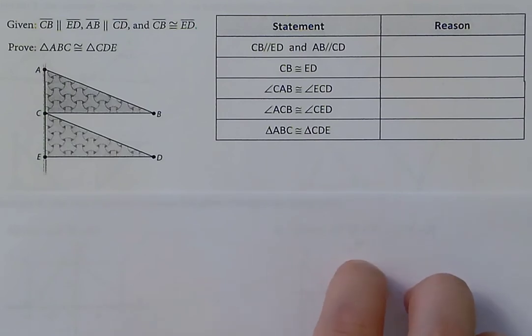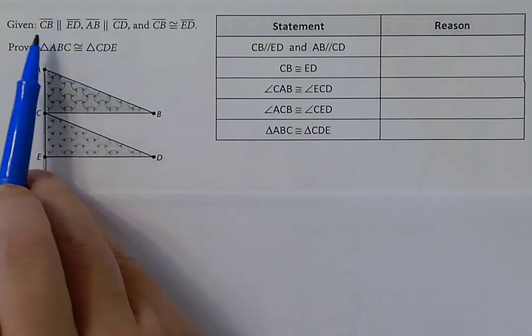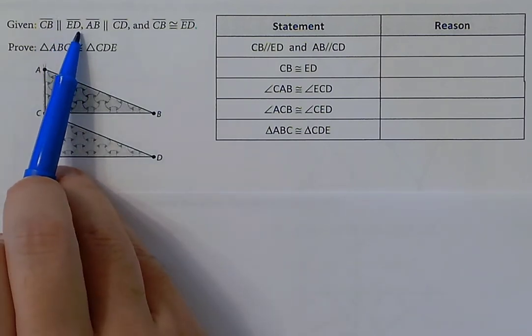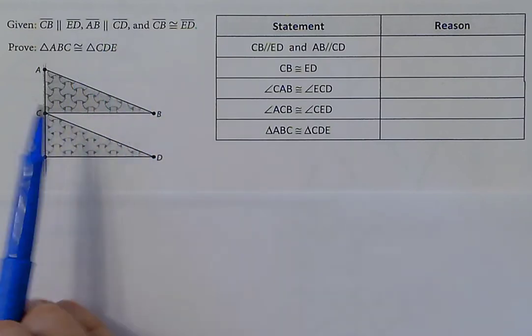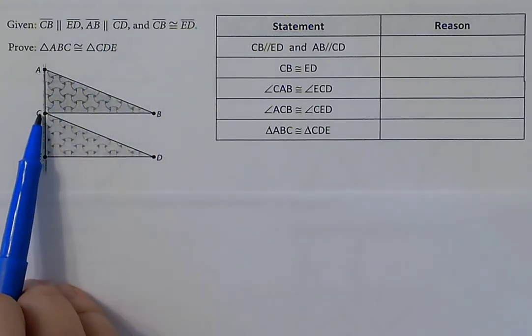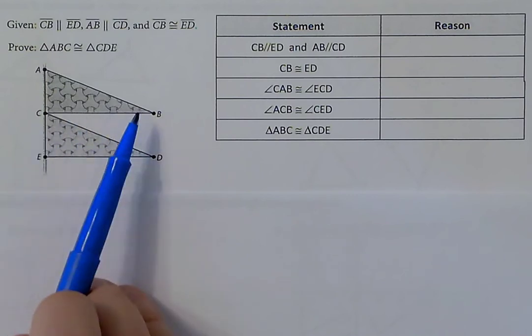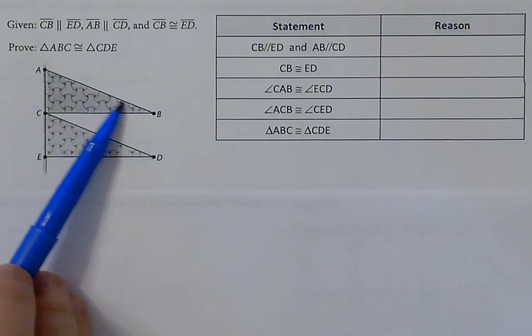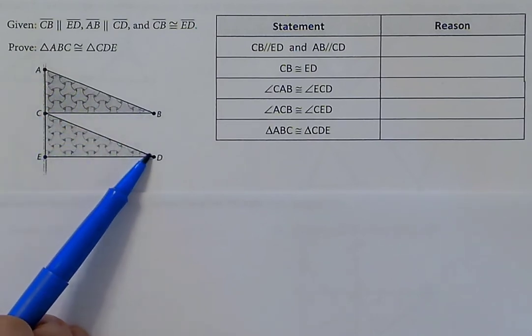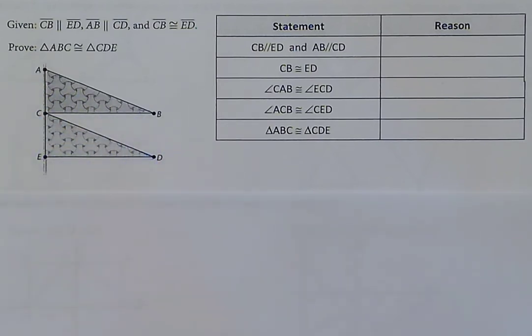For our second proof, they tell me that CB is parallel to ED and AB is parallel to CD. So they're saying that this side is parallel to this side, and this side is parallel to this side. So odds are we're going to have some sort of angle relationship, whether alternate interior, corresponding, or same side interior.